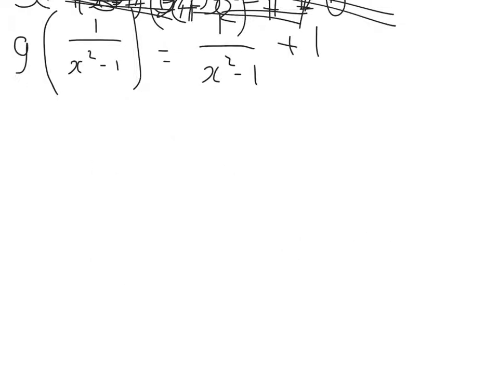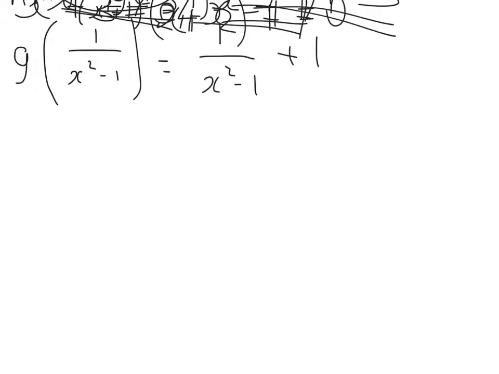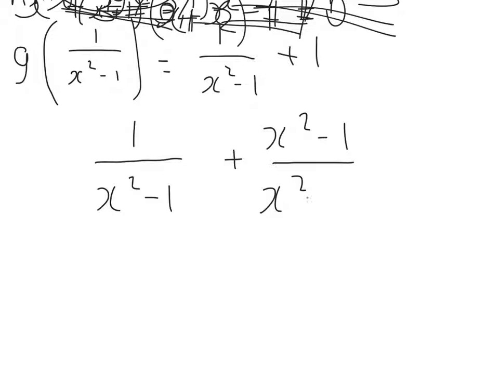If I'm going to write this as a single fraction, then I can get a common denominator, so I can write 1 as anything divided by itself, which is 1. So the common denominator would be x squared minus 1, so I could write 1 as x squared minus 1 over x squared minus 1, given that anything divided by itself is 1, for example 5 over 5, or 6 over 6, or minus 3 over 3, all 1.